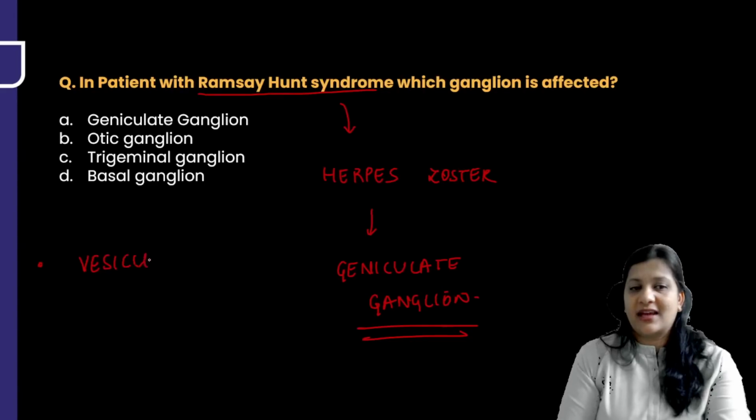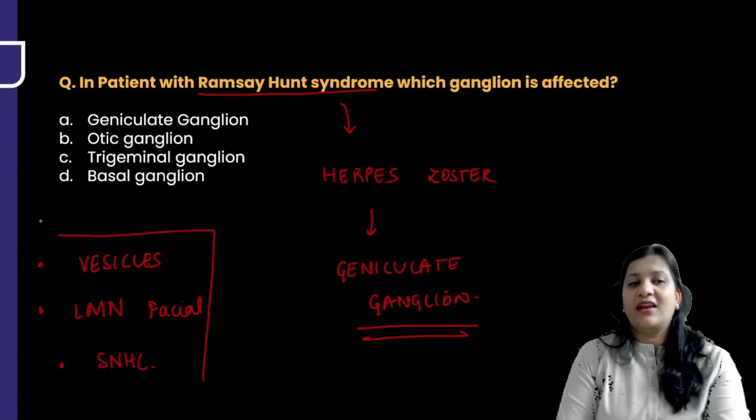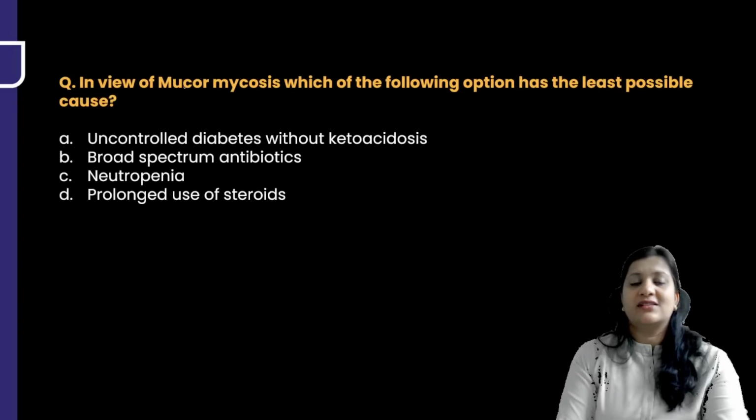So you will see vesicles. Along with that, you will see LMN type of facial palsy, and the patient can have sensorineural hearing loss. This is very specific for Ramsay-Hunt syndrome, which is also called herpes zoster oticus, which affects the geniculate ganglion.